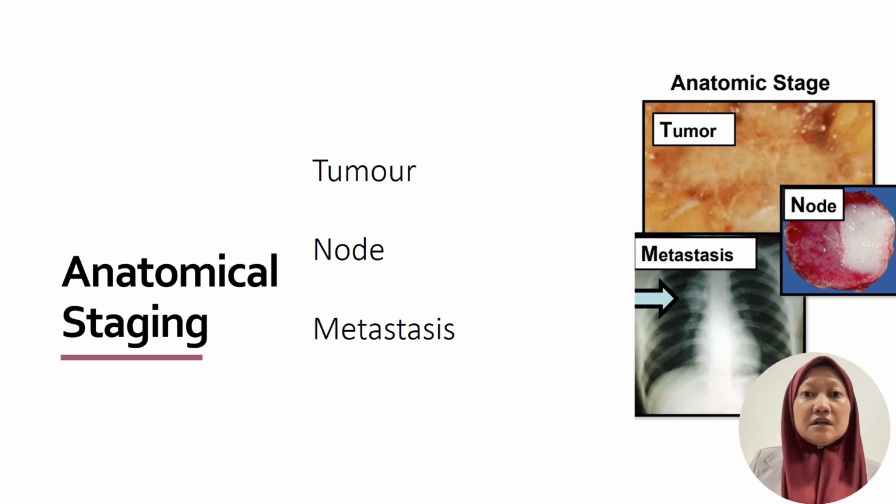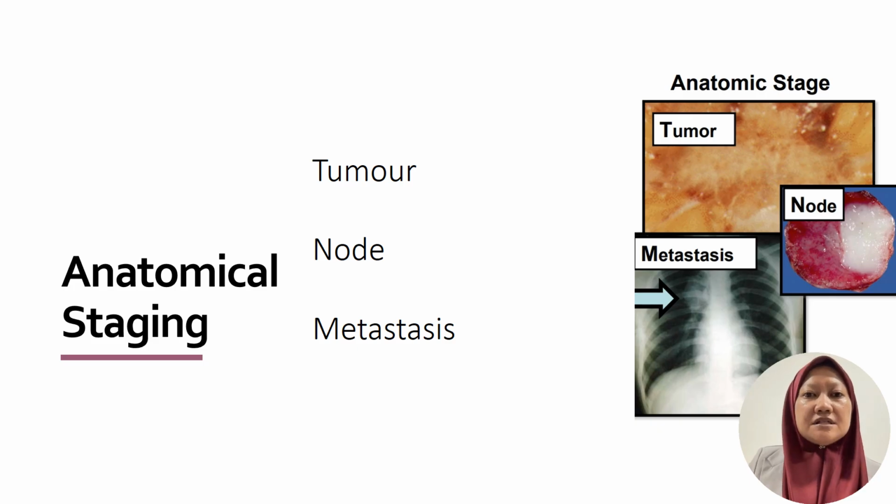As I mentioned earlier, the AJCC staging system incorporates both anatomical and biological factors. Anatomical means the T, N, and M staging, and biological factors are the ER, PR, and HER2 status.